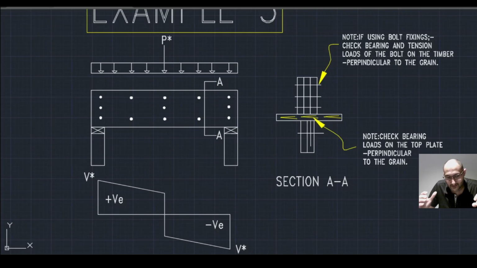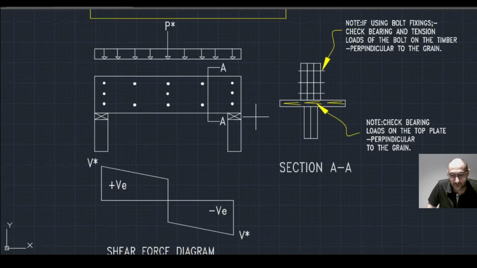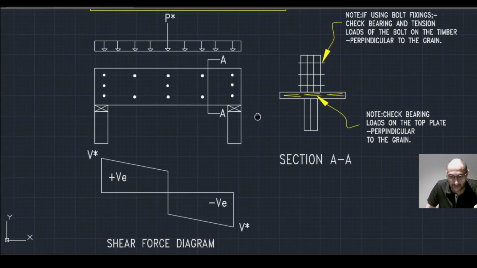Why do you think this may be a problem, especially when we have LVLs? Well, due to the applied loads, we will experience tension perpendicular to the grain. The bolts will provide tension perpendicular to the grain, which LVLs are very weak at.